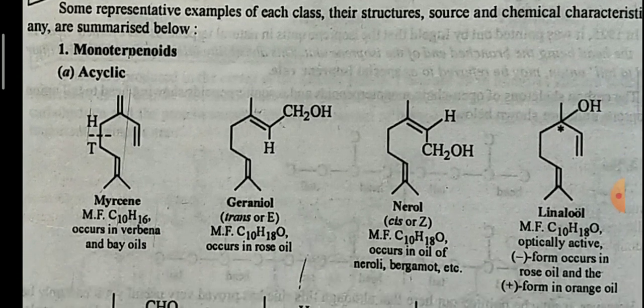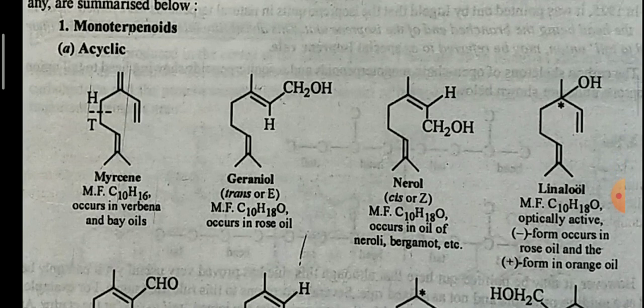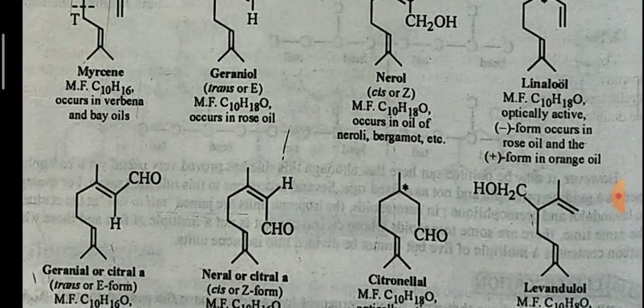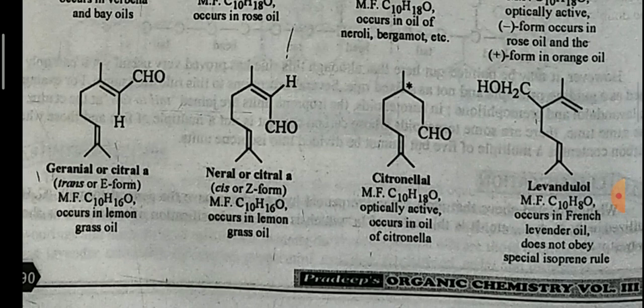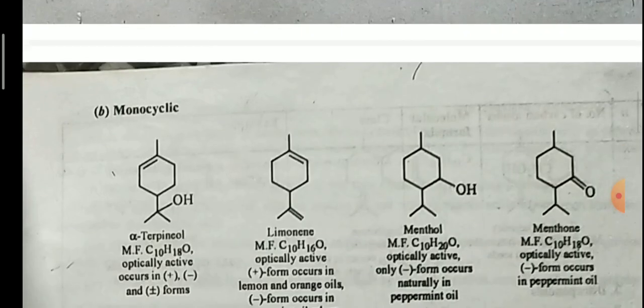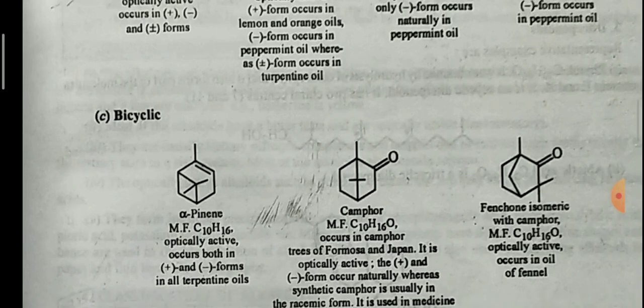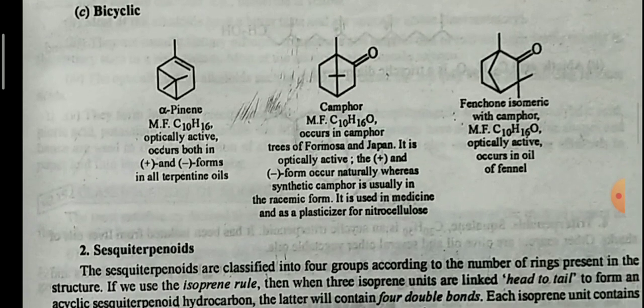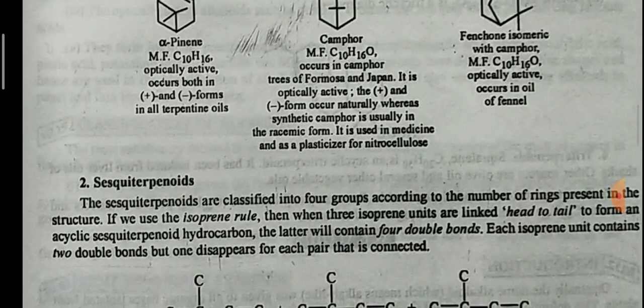Monoterpenoids, acyclic: myrcene, geraniol, nerol, linalool, citral A, citral B, citronellal, lavandulol. Monocyclic. Bicyclic. Some examples are given with their structures below.